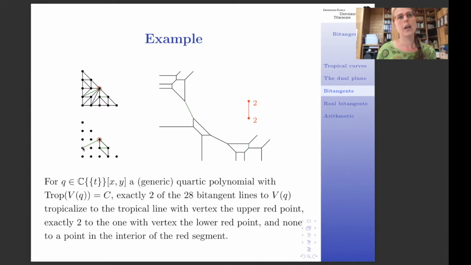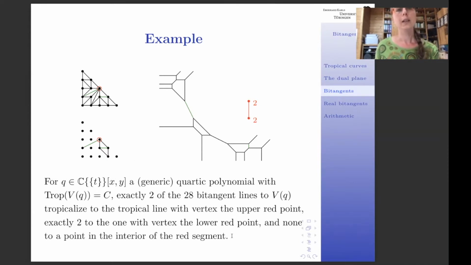And these are sort of the parts of the dual subdivision which are dual to the features of my tropical quartic that are in charge of the tangency, of the intersections. Okay, this only as a side comment to those of you who are familiar with dual Newton subdivisions. Everyone else, just forget it. And focus on this tropical bitangent class, which has those two vertices.